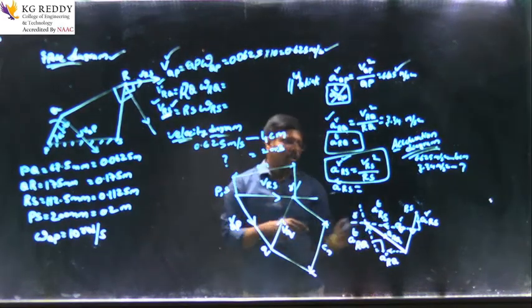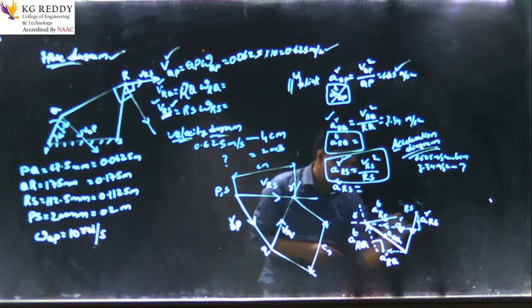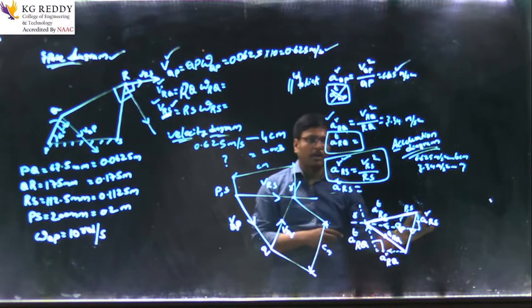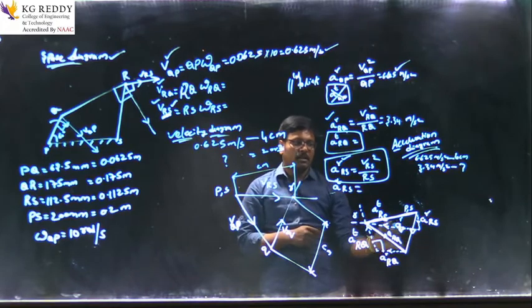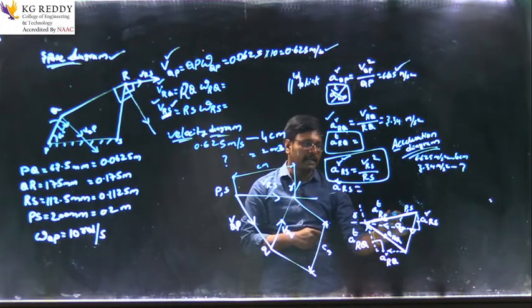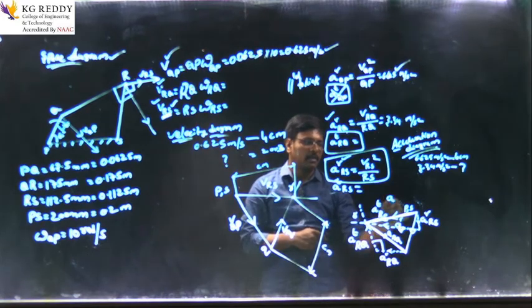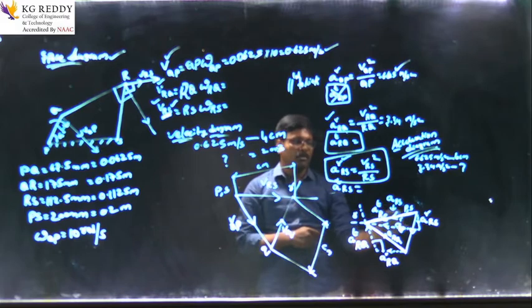In the same way, this is the resultant. See this. This is the acceleration radial component of R with respect to S, and the tangential component of R with respect to S. So these both we will get, here it is R with respect to S. This is okay.